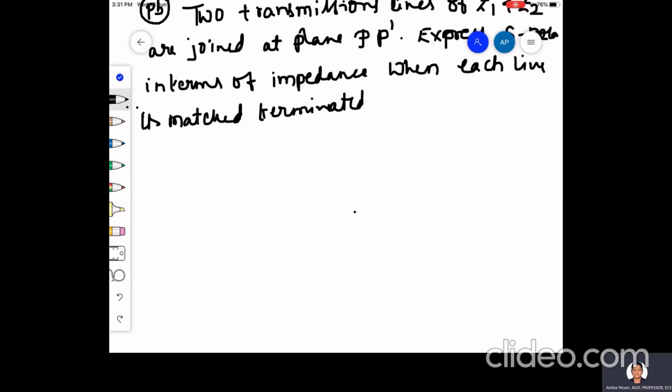So if I look at it, you have two transmission lines. This is the first transmission line and another transmission line, and they have joined at plane PP dash. Let us consider this is the plane where you have joined the two transmission lines.